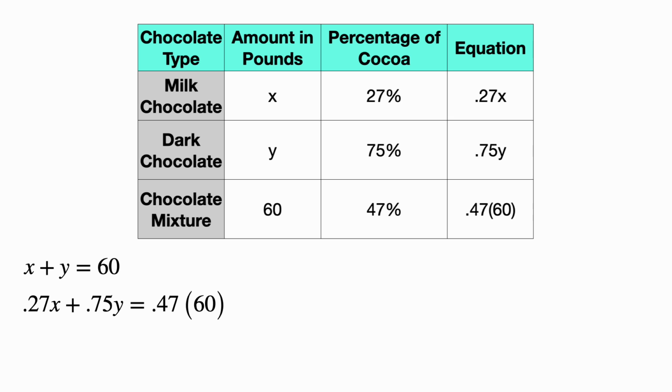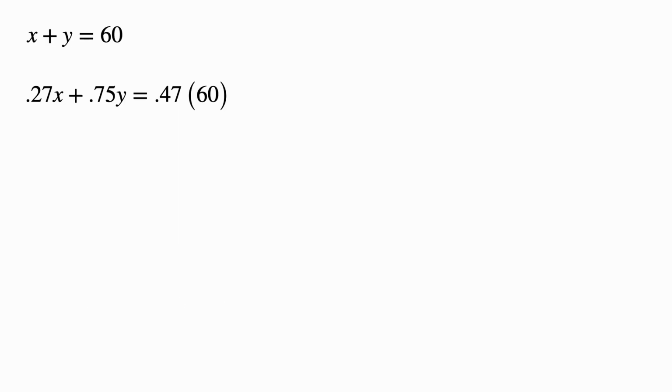We have here a system of equations where we have two equations and two unknowns, so we can now solve this problem. To emphasize, here we have the original equations with x plus y equals 60 and 0.27x plus 0.75y equals 0.47 times 60, where 27% is 27 over 100, or 0.27.